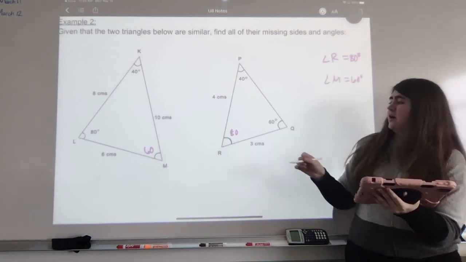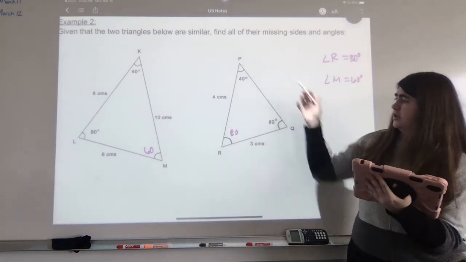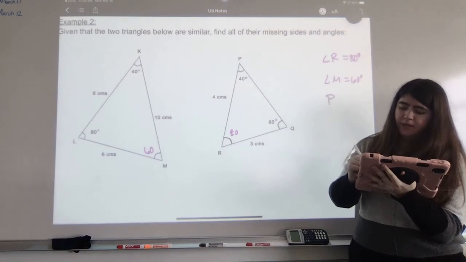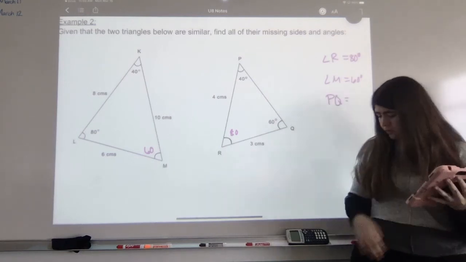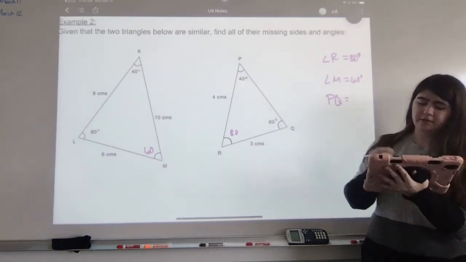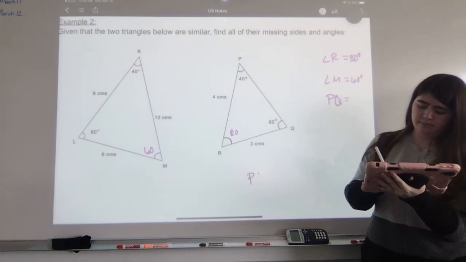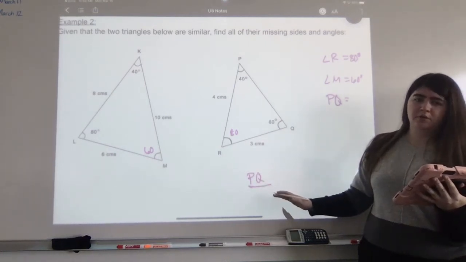Now we need to figure out our missing side length, which is only this one right here. So we need to find the length of PQ. And we can do that a few different ways. I'm going to solve for this one using cross products. So I have some unknown length of PQ to any other side here will be good.